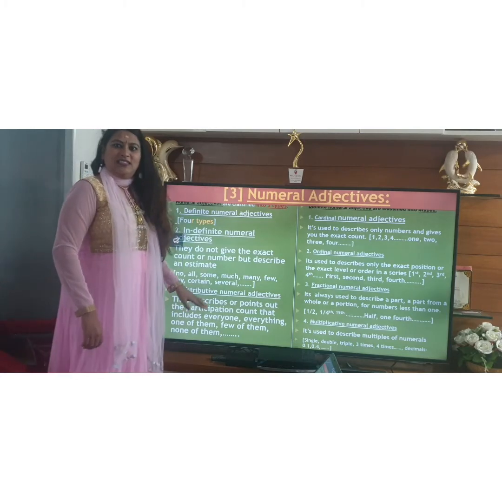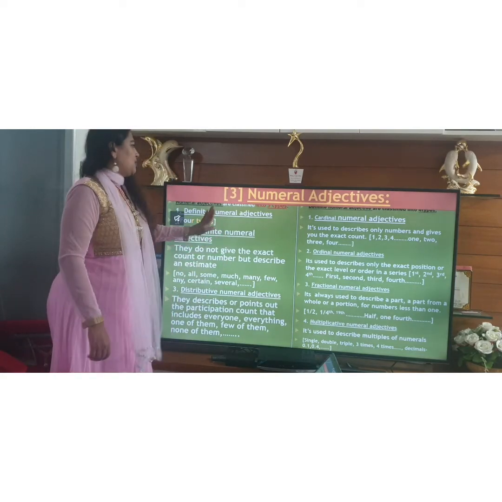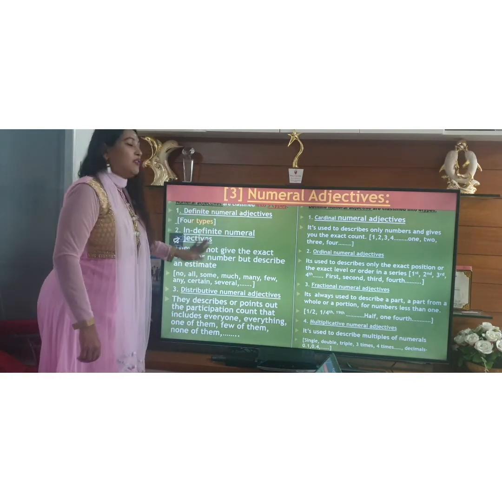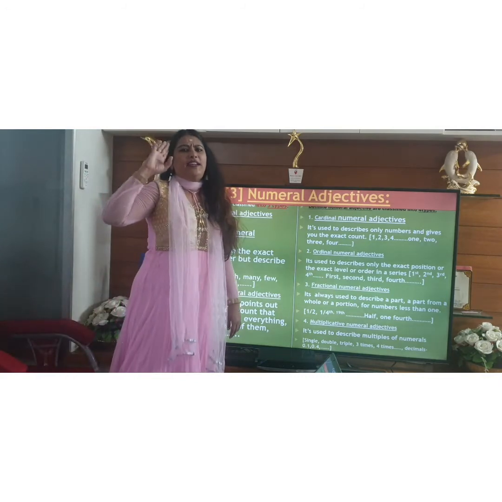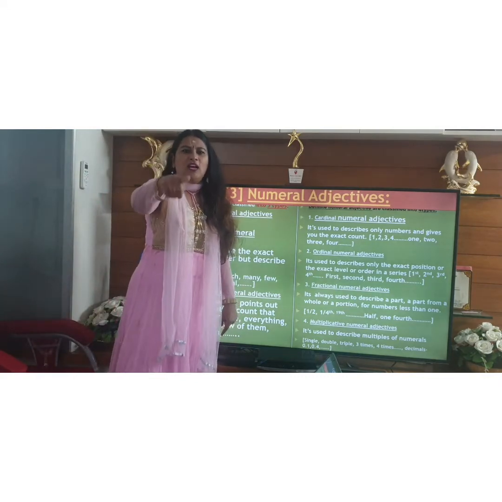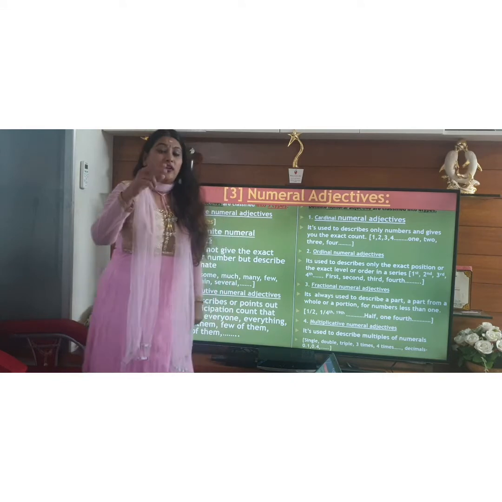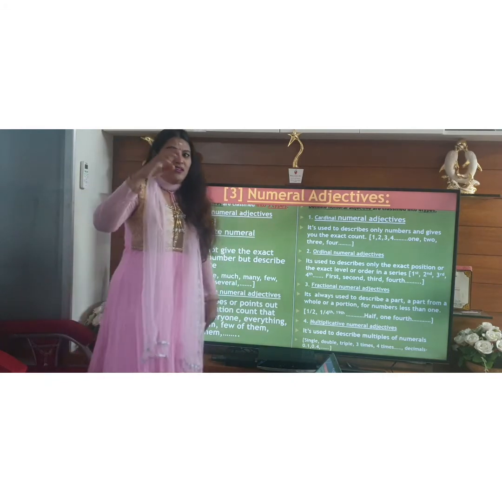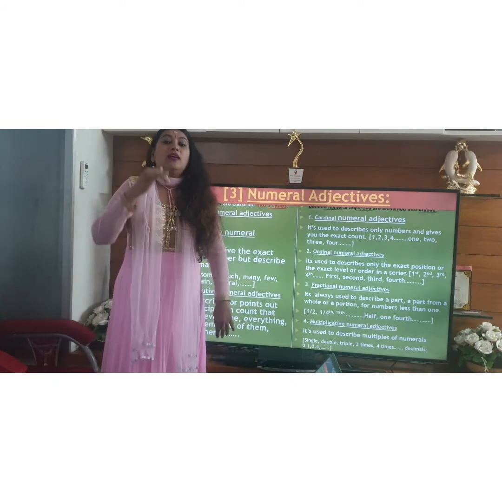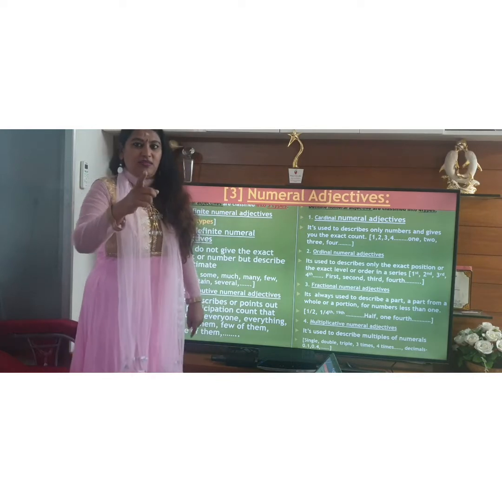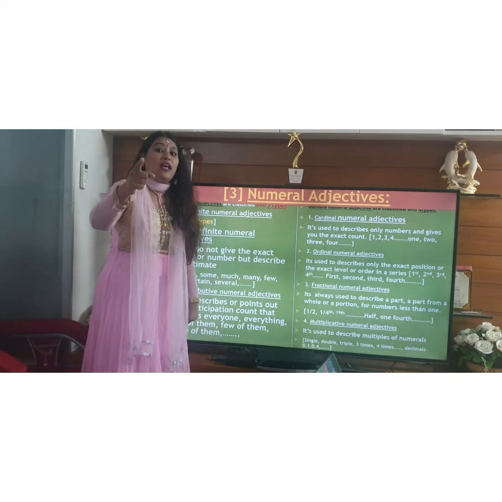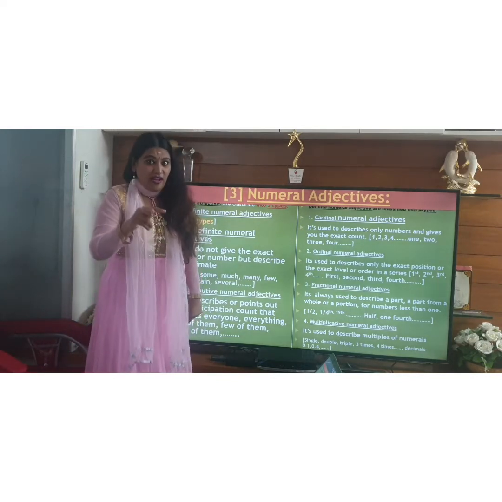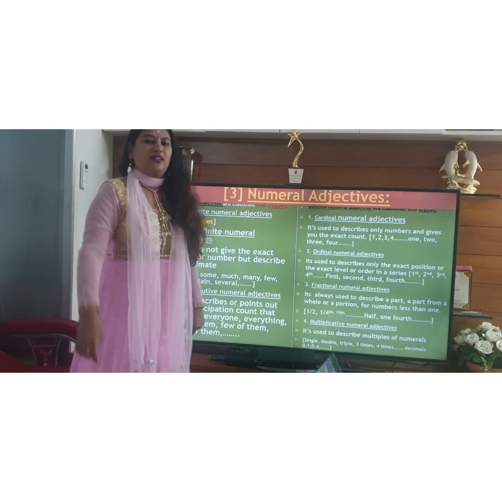D-I-D. That's what you are supposed to remember. In numerical adjective, how many types are there? D-I-D you have to remember. Let's go by order. The first D means definite numeral adjective. I means indefinite numeral adjective.